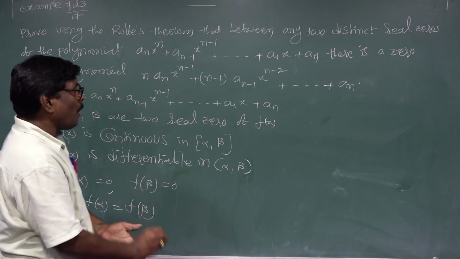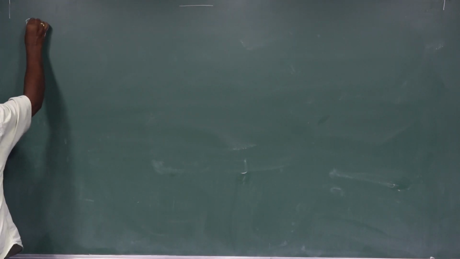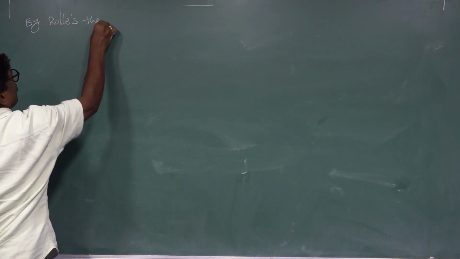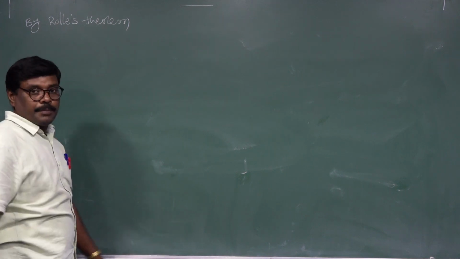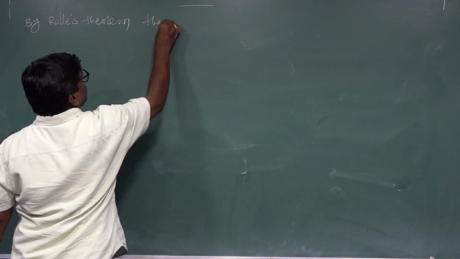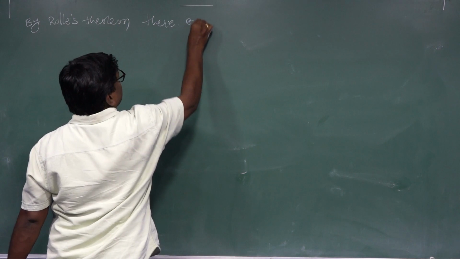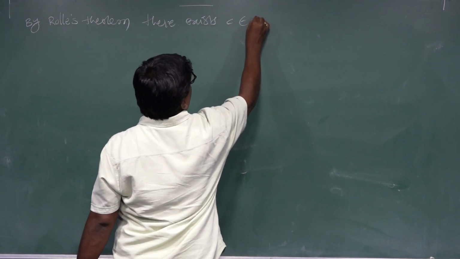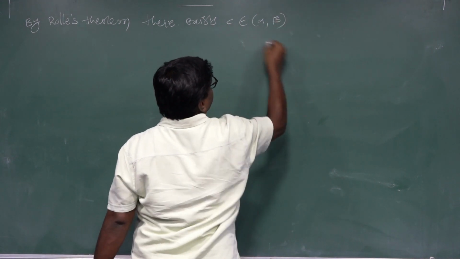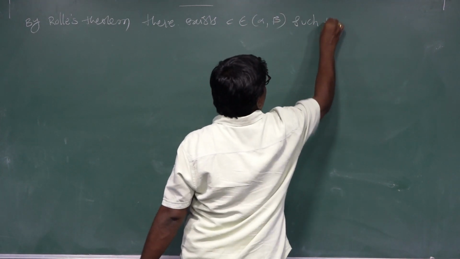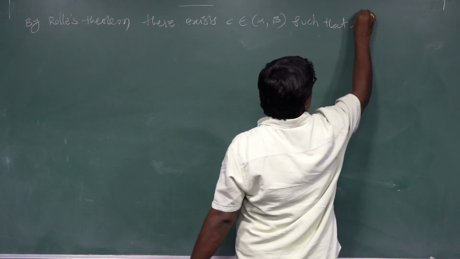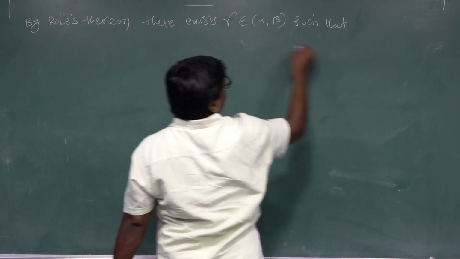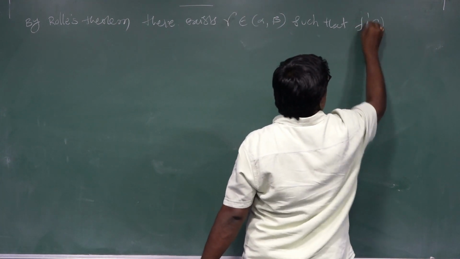By using Rolle's theorem, there exists c belonging to (alpha, beta) such that f'(c) = 0.